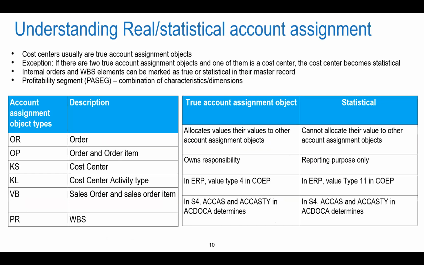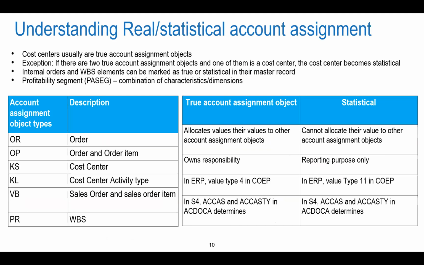All right, so I would like to lay out some foundational things here. Understanding real versus statistical. This is very key for attributed profitability segment functionality. You have this same thing in ECC as well.